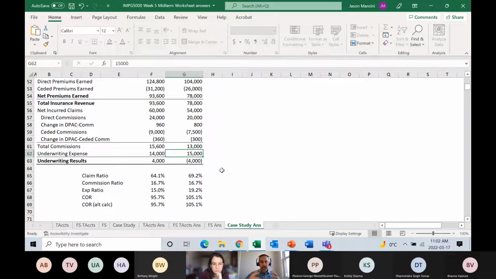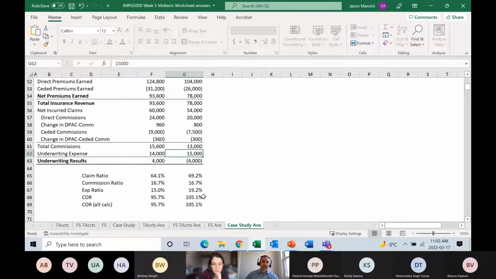So total underwriting expenses, and I sort of led up to it in the short answers by asking the question, what are the total underwriting expenses? And you all replied, well, it's commissions, underwriting expenses, and premium taxes, right? So all three of those together are what's used in the total expense ratio.